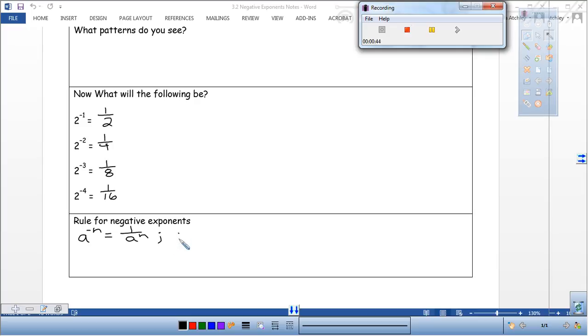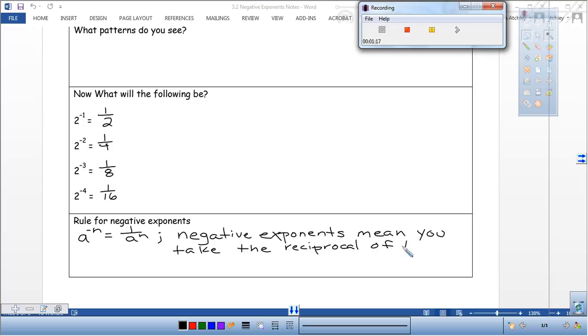Okay, so the key here is that negative exponents mean you take the reciprocal of the base, then raise it to the positive exponent.